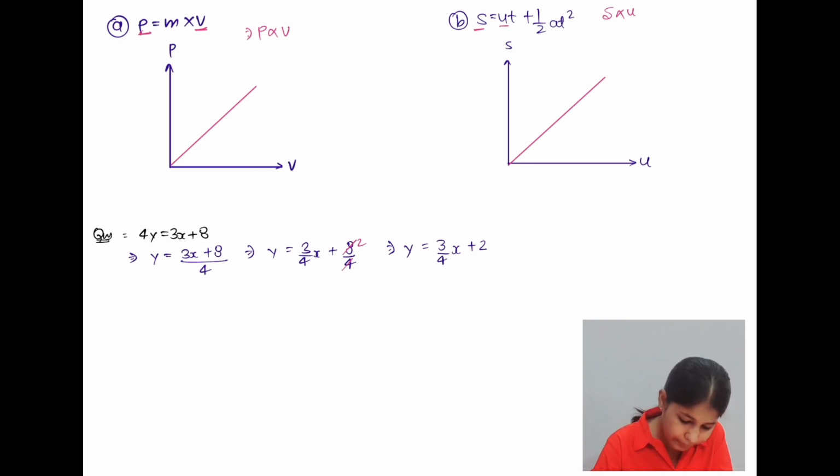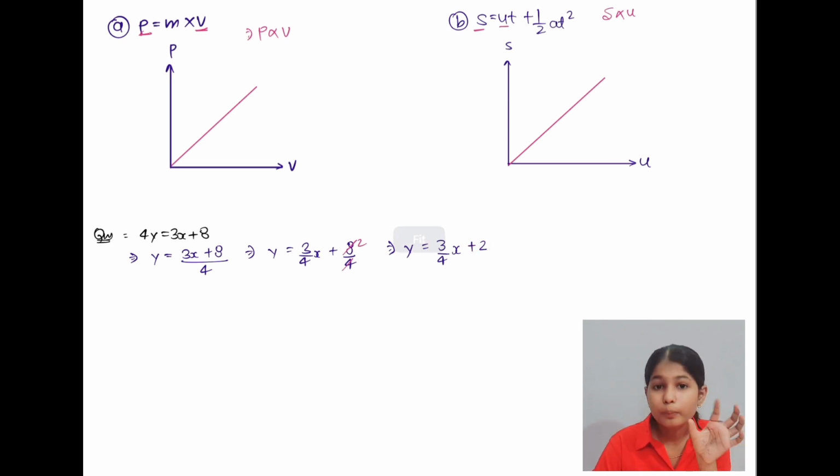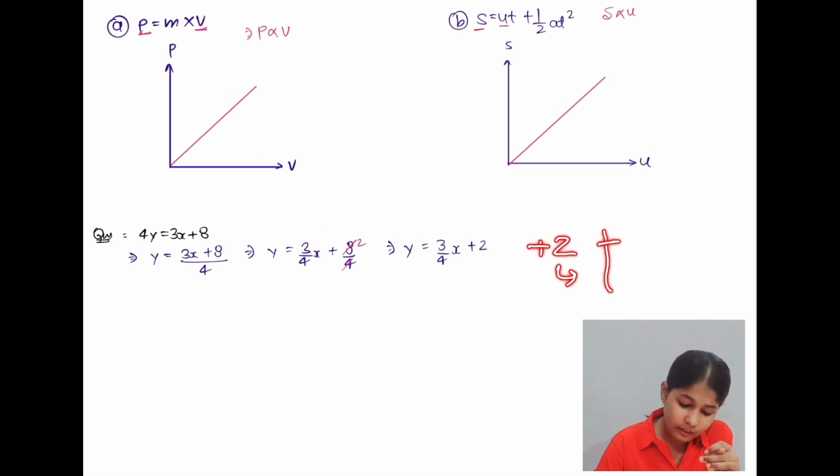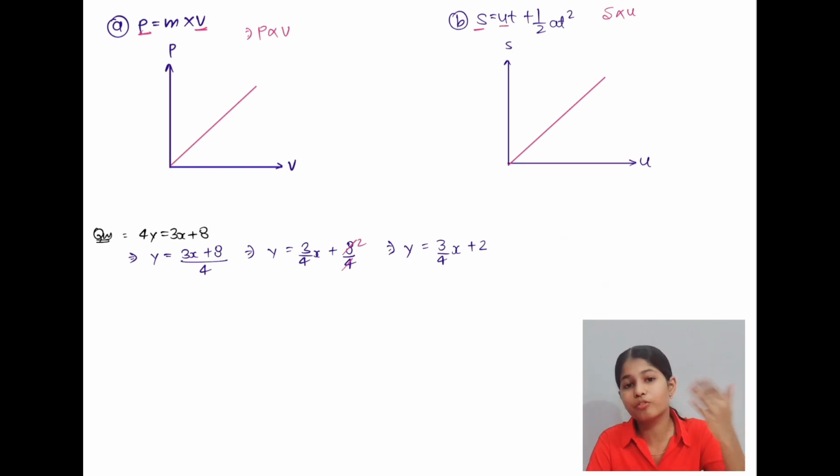Here you can see that you just have to observe the given equation. Can I say that this 3 by 4 is our value of slope? Yes. And this is plus 2; here it is given plus. So can I say that this plus 2 shows the graph at 2 units above the origin?